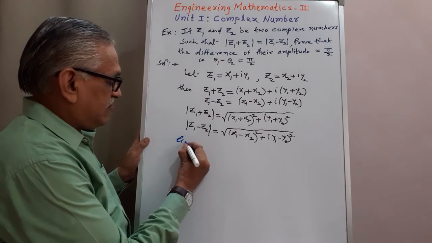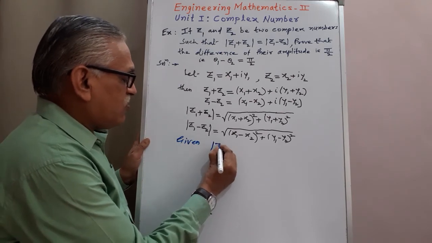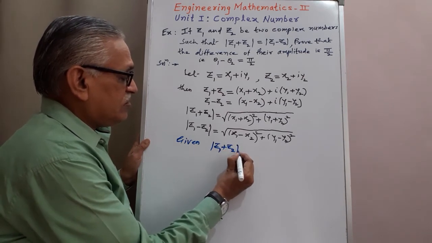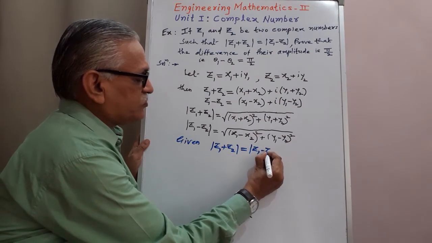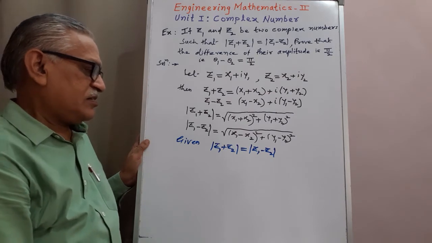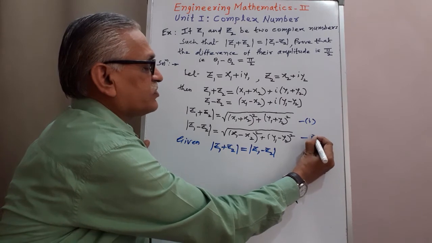Given the absolute value of z1 plus z2 is equal to the absolute value of z1 minus z2. We call this equation 1 and this equation 2.